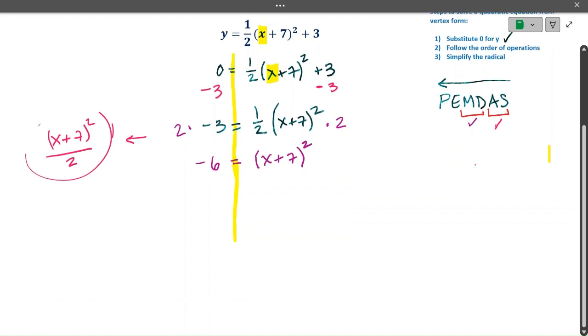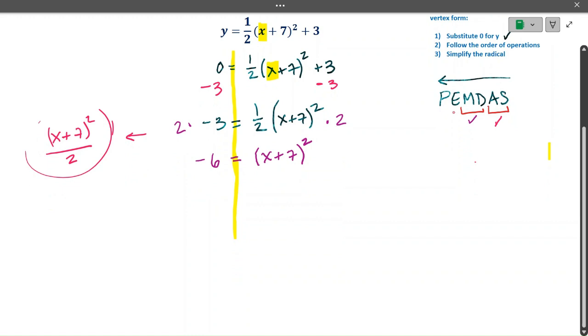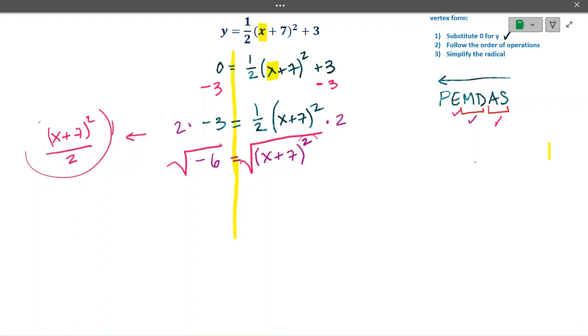As a side note. Now we are moving to exponents, and I do in fact have an exponent. I have a square here. The way that we get rid of squares, or we unsquare, is by taking the square root. So I'm drawing the square root bar on this side and on this side.